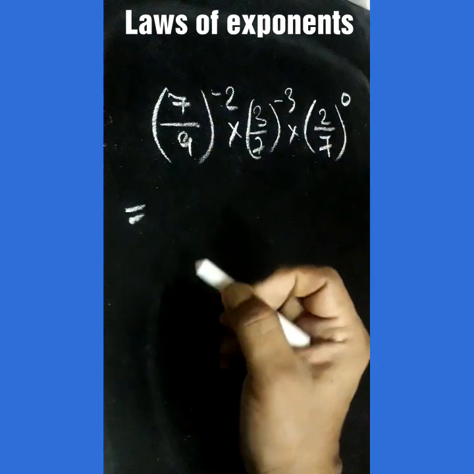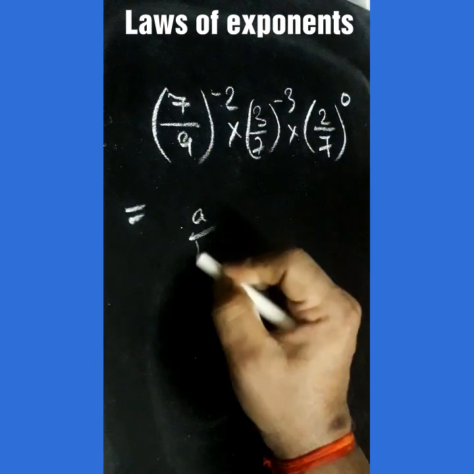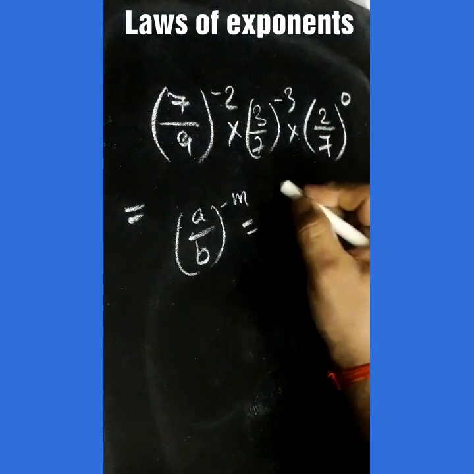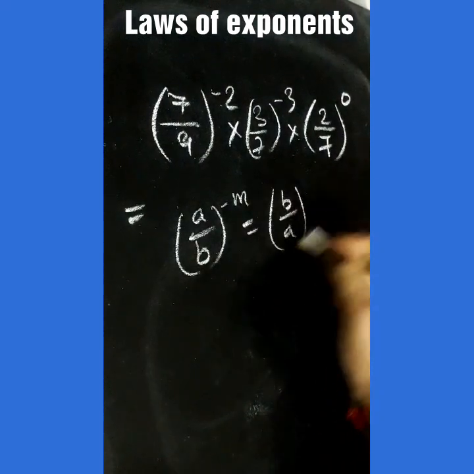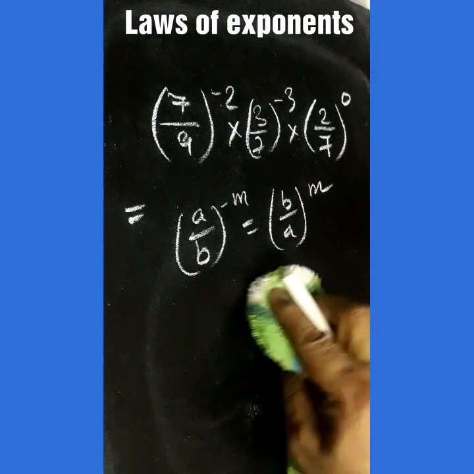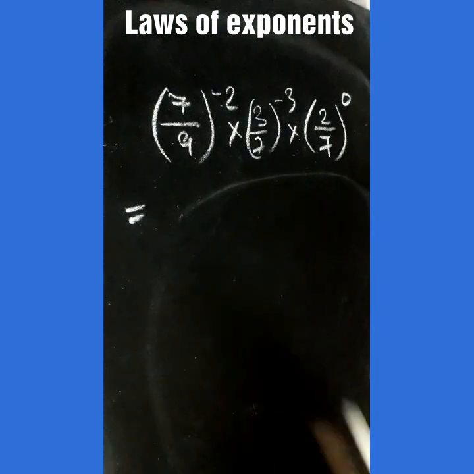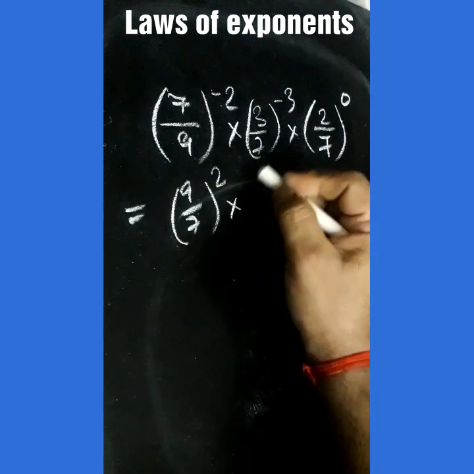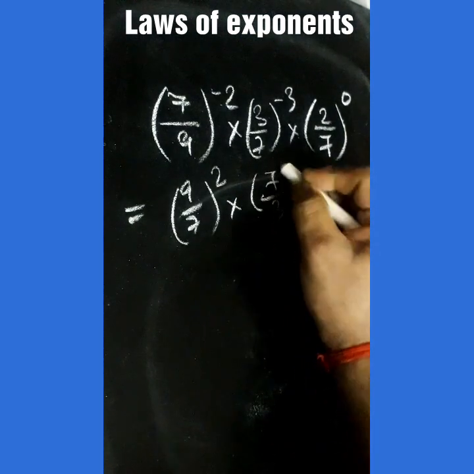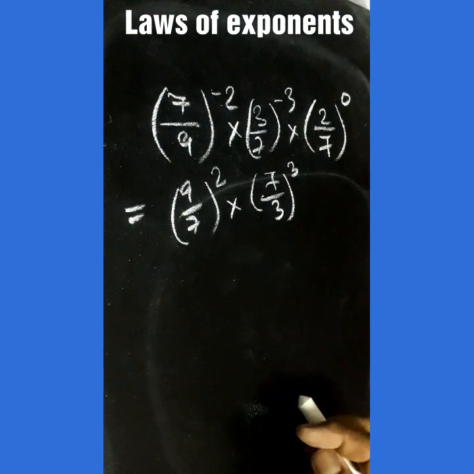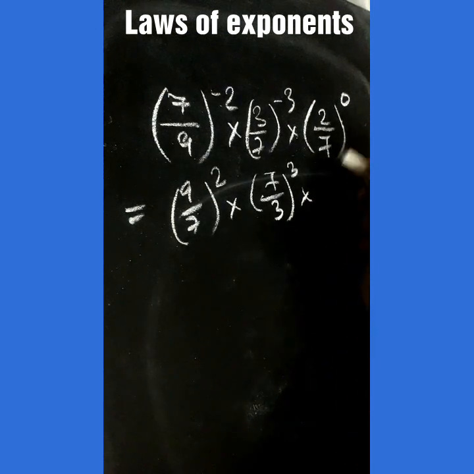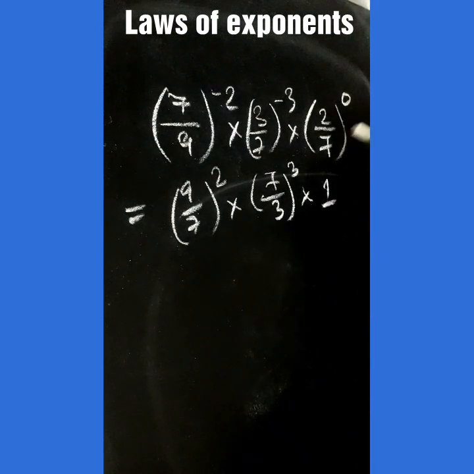We will write the reciprocal of this using the law (a/b) raised to the power minus m is equal to (b/a) raised to the power plus m. It will become (9/7) raised to the power 2, (7/3) raised to the power 3, into 1, since this is raised to the power 0.